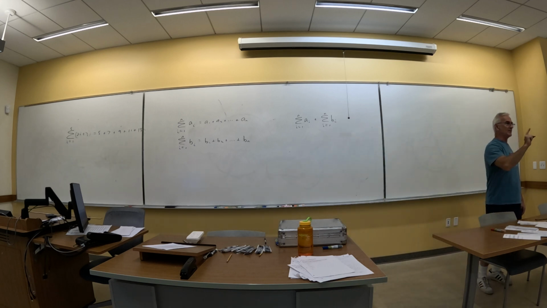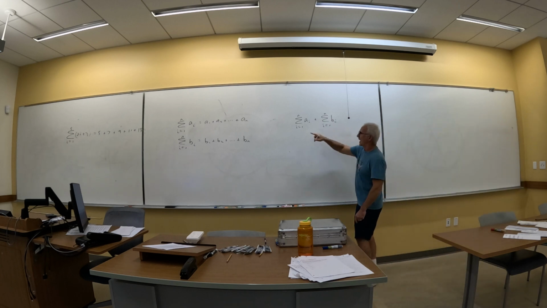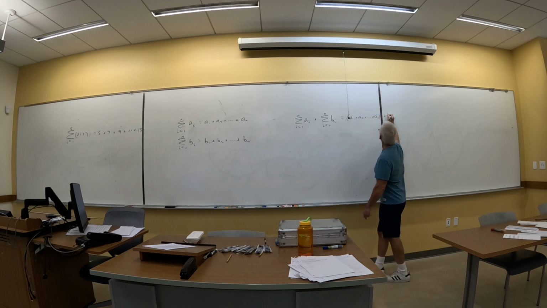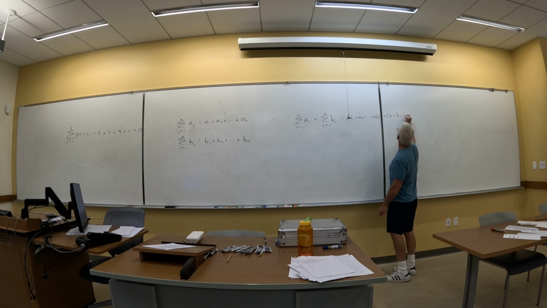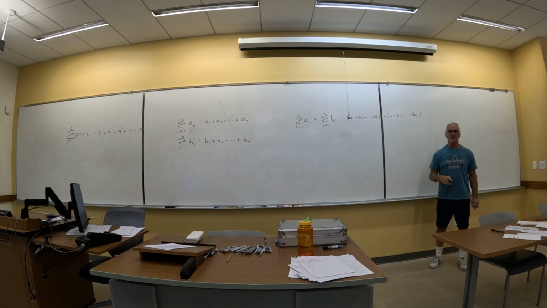And by the way, the fact that they're finishing at n, these are finite summations. They're not infinite. Next semester, you're going to deal with infinite ones, but you're going to use all the rules that we're going to talk about today so that I can make conclusions later on. Well, I'm going to add those two quantities up, right? I'm going to say a1 plus a2 all the way up to an plus b1 plus b2 all the way up to bn. But I'm adding a bunch of numbers.